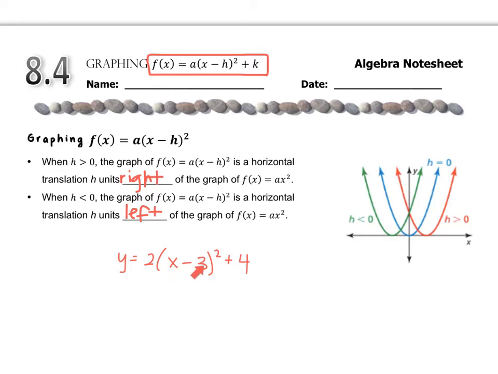It looks like it's a negative 3 shift, but since the formula has a minus in it, the 3 is actually positive. If I changed it to 2 times x plus 3 squared plus 4, then even though our h value looks positive, it's actually negative because the formula was minus. So you have to remember that when you are talking about the h value.